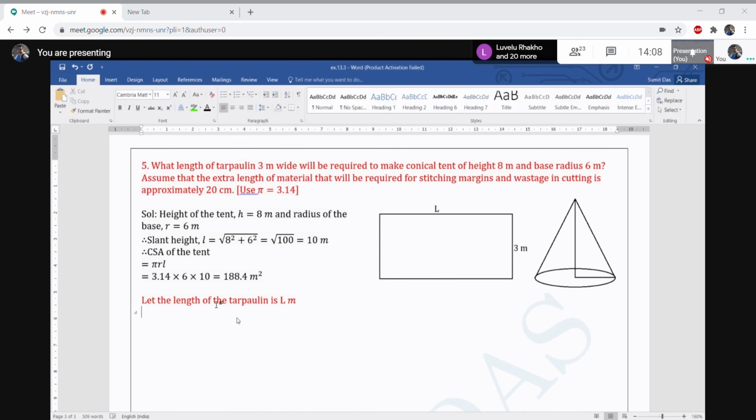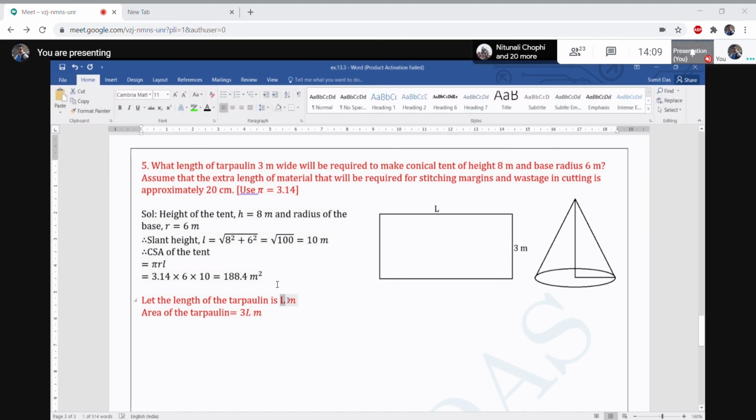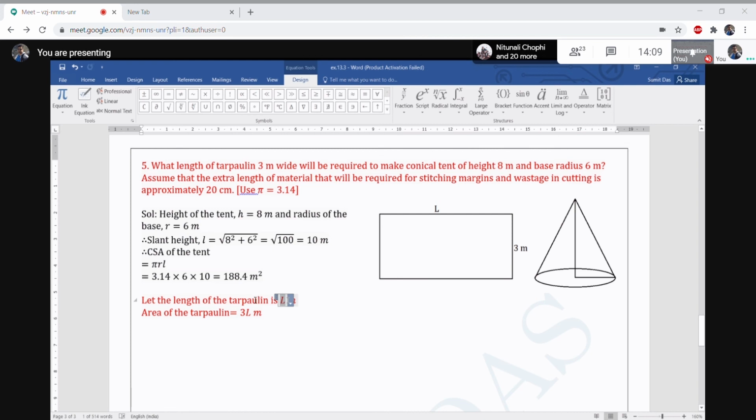Therefore the area of the tarpaulin is equal to 3L meter square.